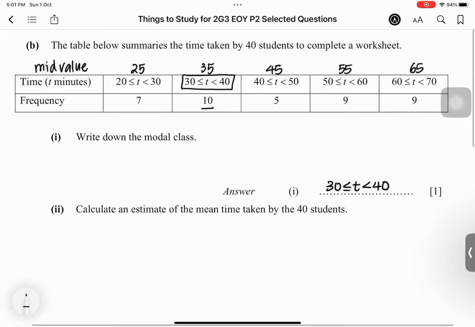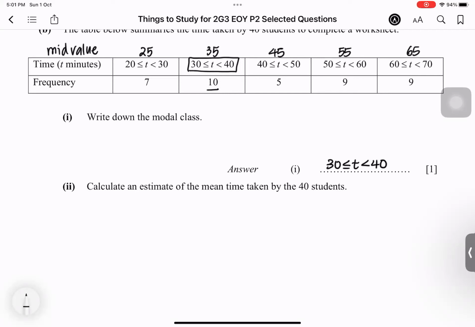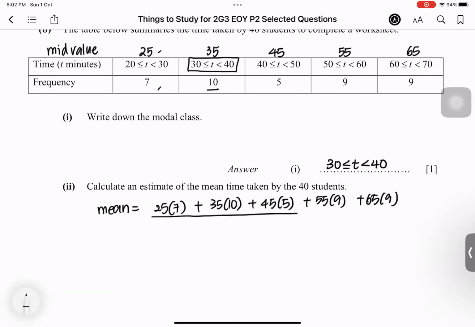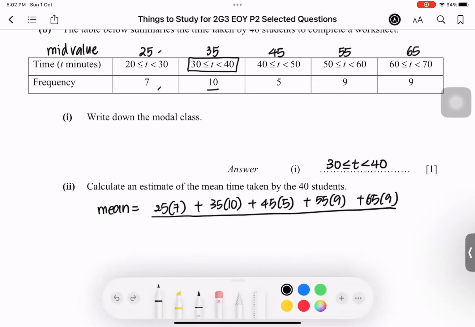Okay? Calculate an estimate of the mean time. Why is it an estimate? Do you all know? So our estimated mean will be take the mid value times this, 25 times 7 plus 35 times 10 plus 45 times 5 plus 55 times 9 plus 65 times 9 divided by total frequency, not divided by 1, 2, 3, 4, 5, not divided by 5, divided by total frequency.